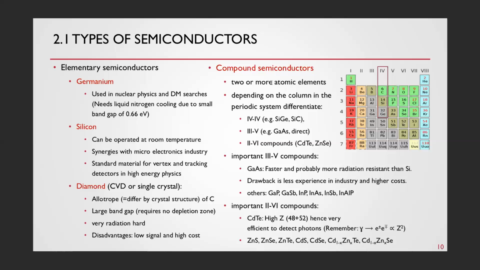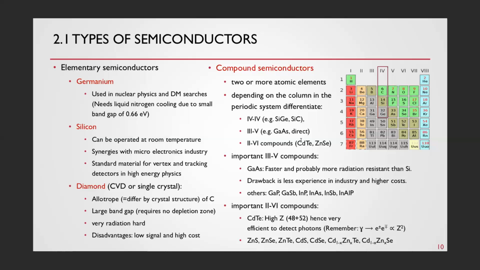Then you should know at least that there are compound semiconductors. These have 2 or more atomic elements. One is therefore much more flexible for the electronic and chemical composition, and one can play around with type 4, type 3-5, and type 2-6 compounds, where these numbers correspond to the column in the periodic system.